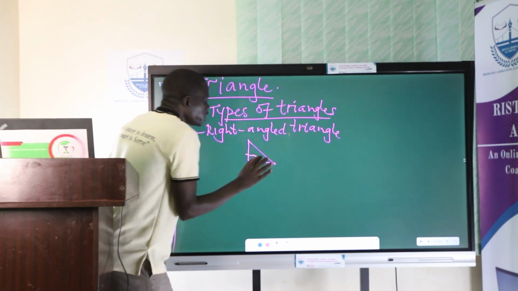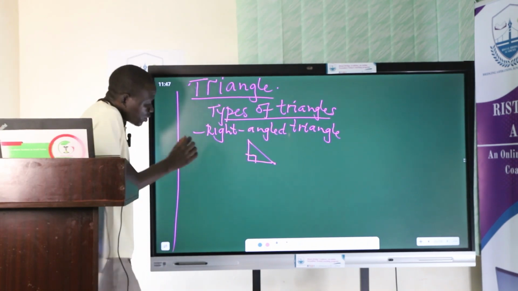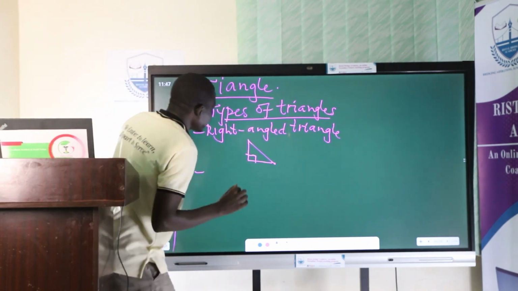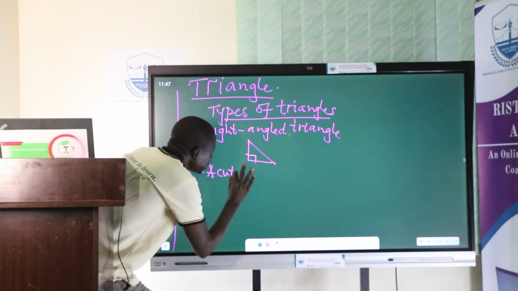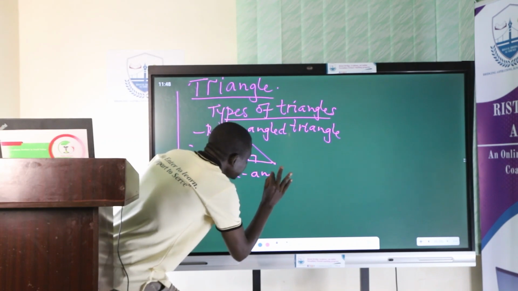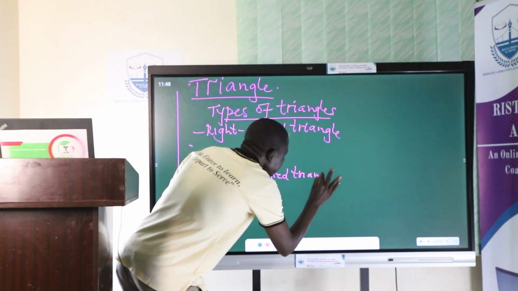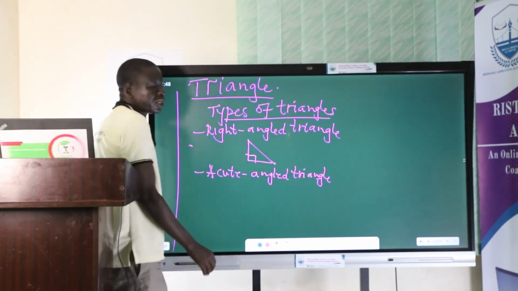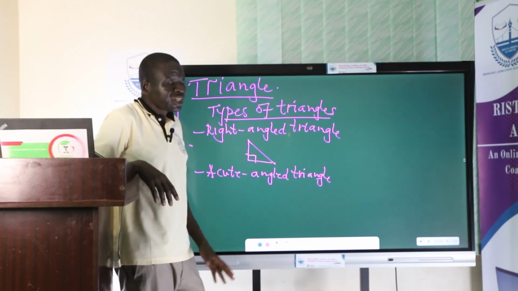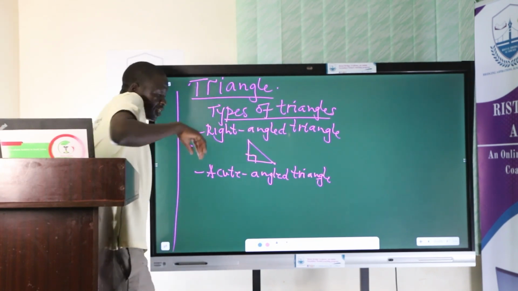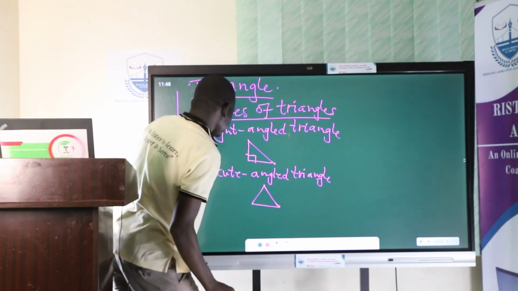That is the type of triangle which has one of the angles equal to 90 degrees. We have another one which is called acute angled triangle. That is a triangle which has each of the angles less than 90 degrees. And this is how it looks like.